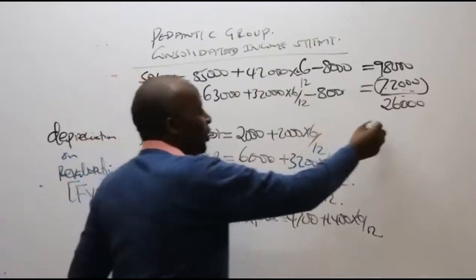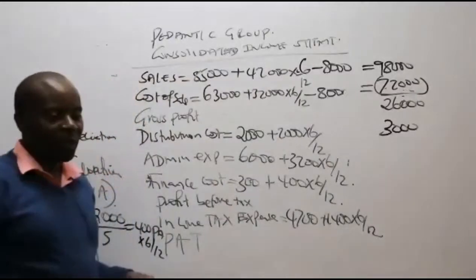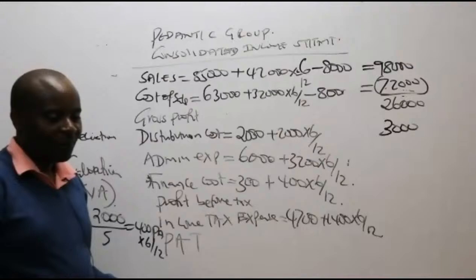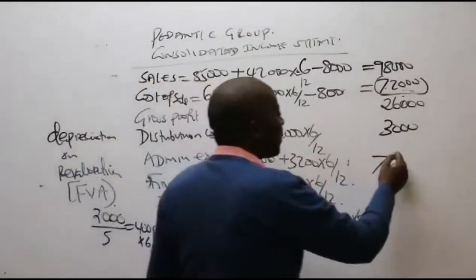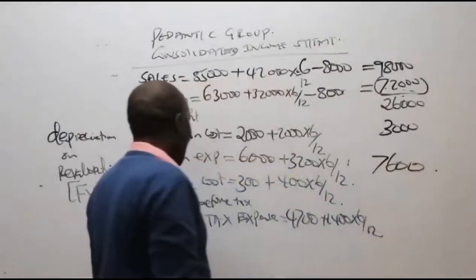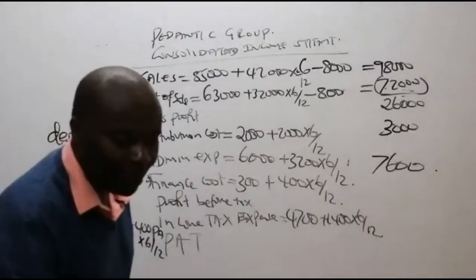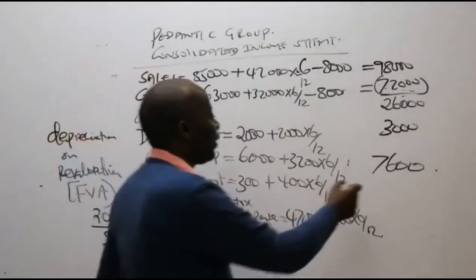So wameniambia hapa ni 3,000. Hapa je administrative expenses inakuja ngapi? 7,600. Administrative expenses 7,600. Then we have finance cost ya ngapi? Finance cost ya 500.